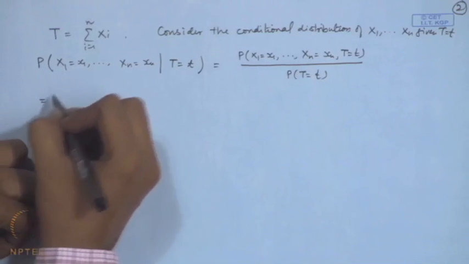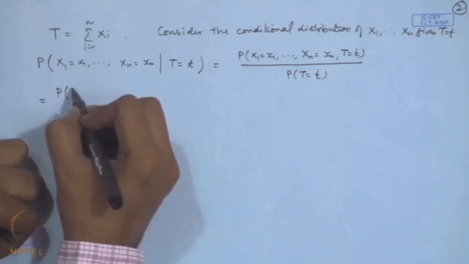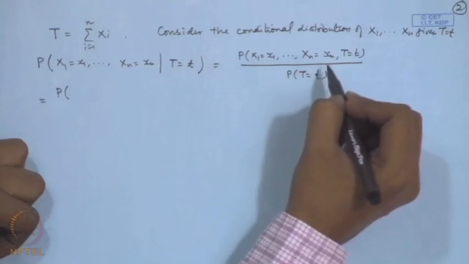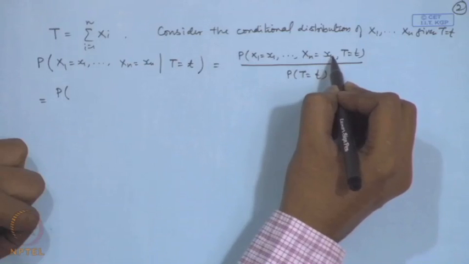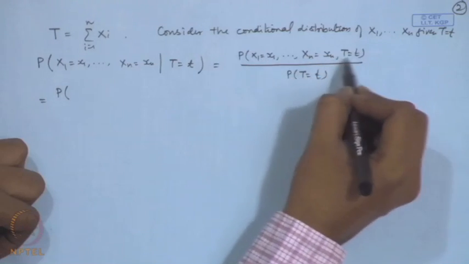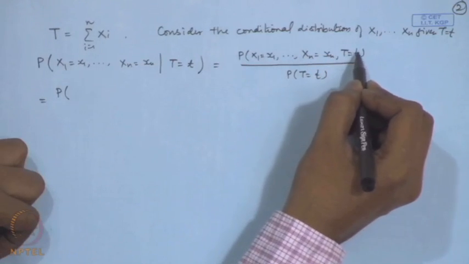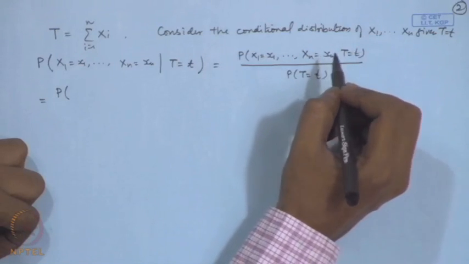Now, since T is equal to sigma Xi, if small x1 plus small x2 plus small xn is equal to t, then only this probability will be calculated. In other cases, this will be simply equal to 0.